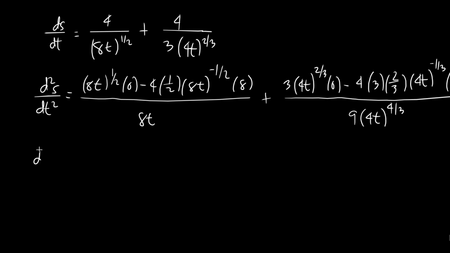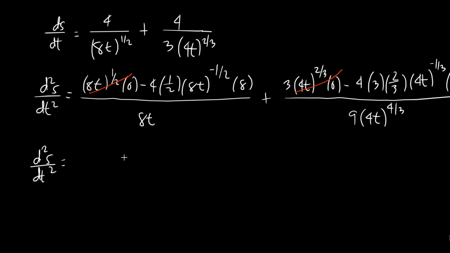So we have d squared s all over dt squared is equal to, so we'll cancel this one and also this one. So the remaining will be 4 times 1/2 is 2.